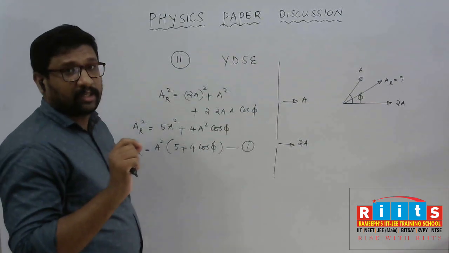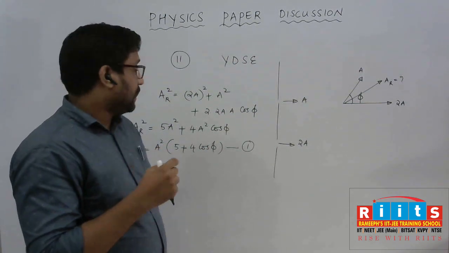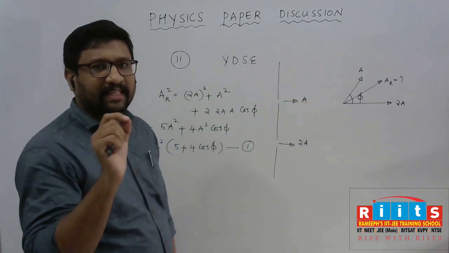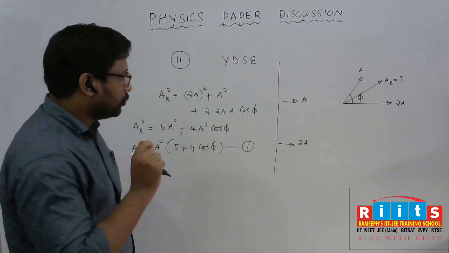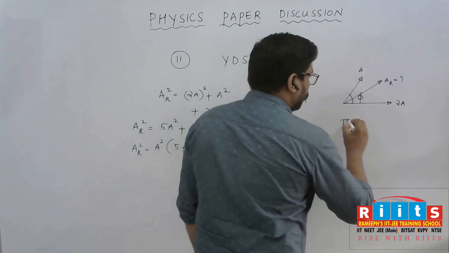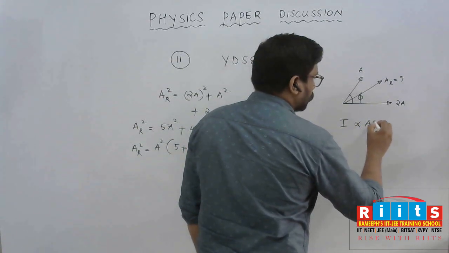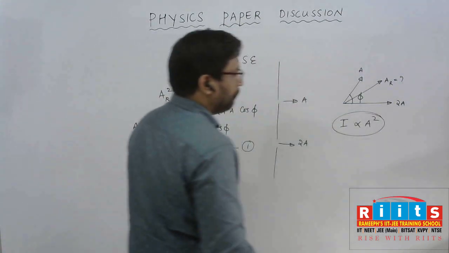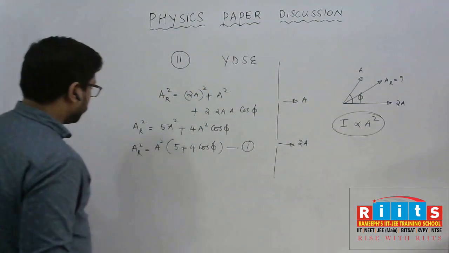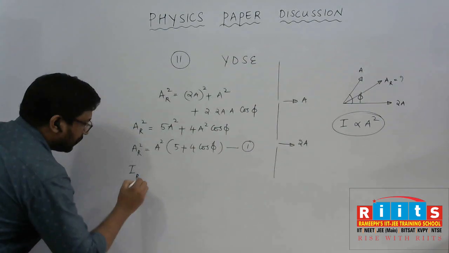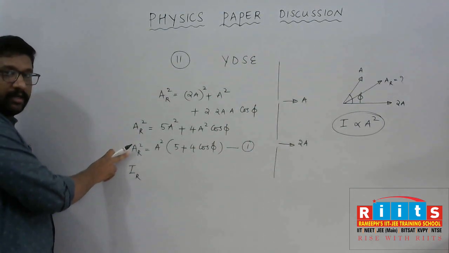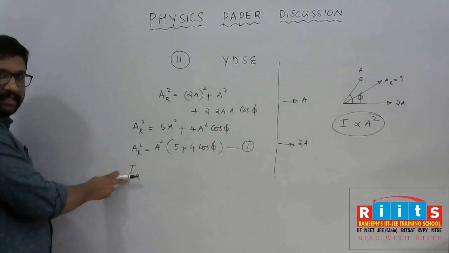Now they are asking for the answer in terms of intensity. How can we connect amplitude and intensity? You know very well, the intensity of a light wave is proportional to the square of the amplitude. By using this idea, I can write AR square as IR, because resultant amplitude square is proportional to resultant intensity.